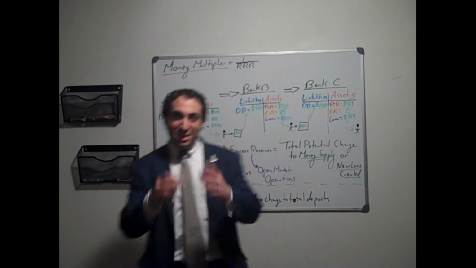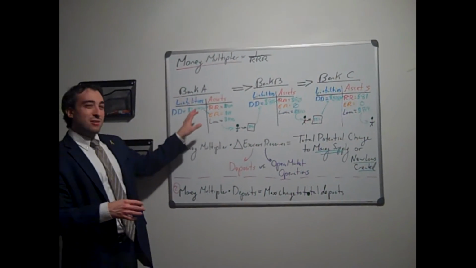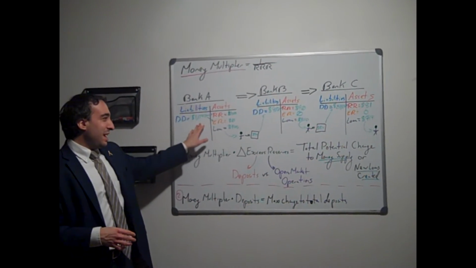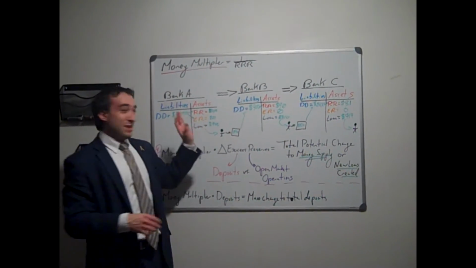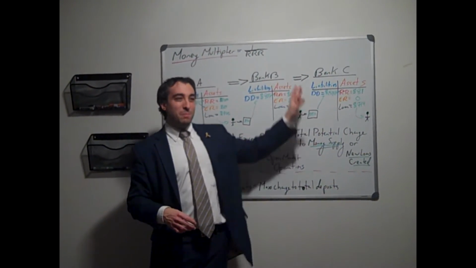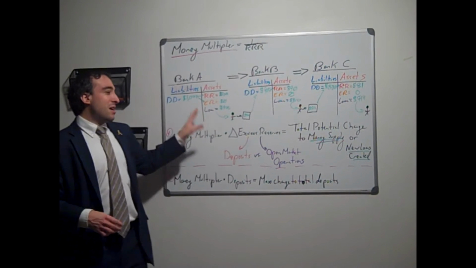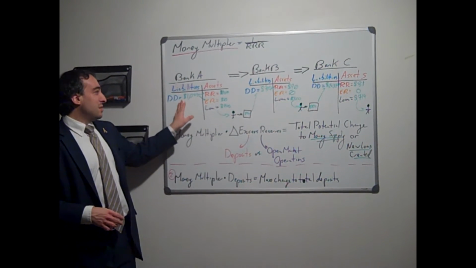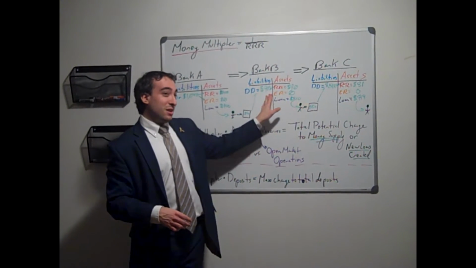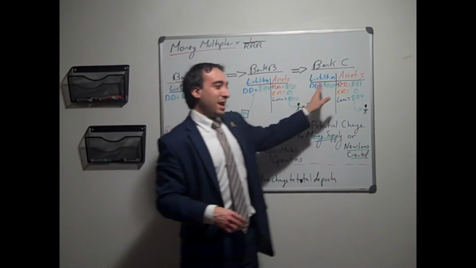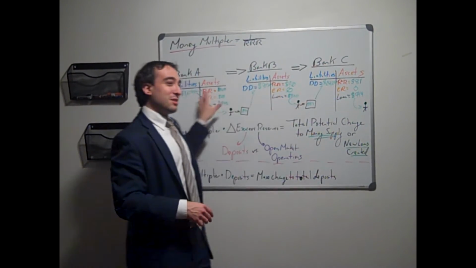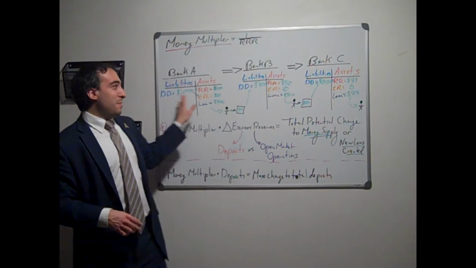So that initial $1,000 deposit created an additional $900, and then an additional $810, though this example could keep going.